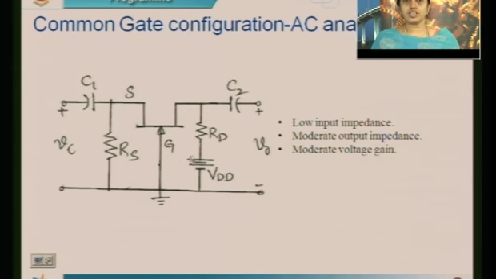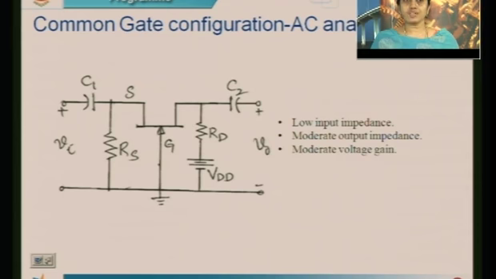For establishing the biasing, RS is included between source and ground, RD along with the biasing voltage VDD is connected between drain and ground. Common gate configuration exhibits low input impedance, moderate output impedance and moderate voltage gain.